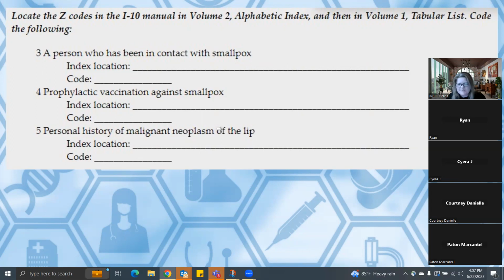We kind of know that we're dealing with smallpox, right? So what I would do is go back to the beginning of that section, Z20, and start reading. I'd go down and see what fits our scenario here.